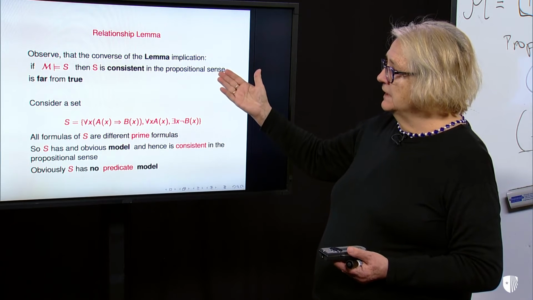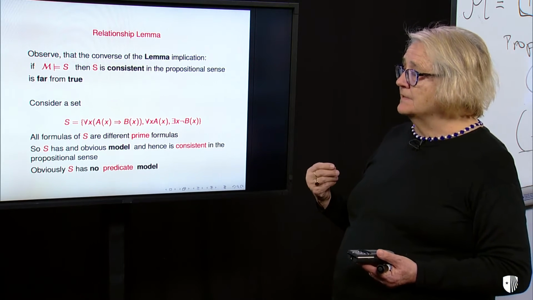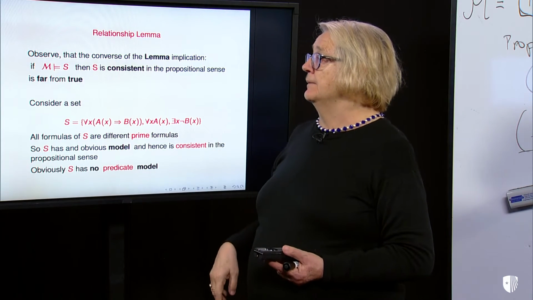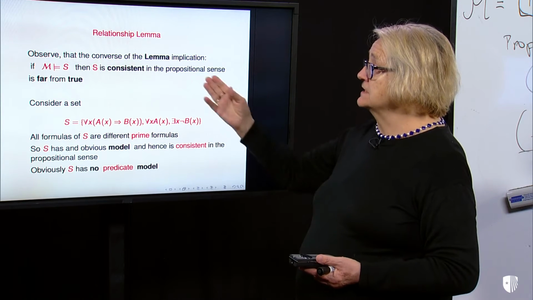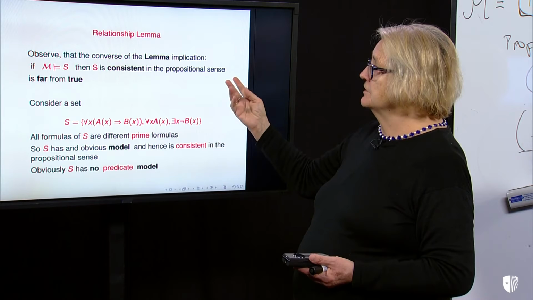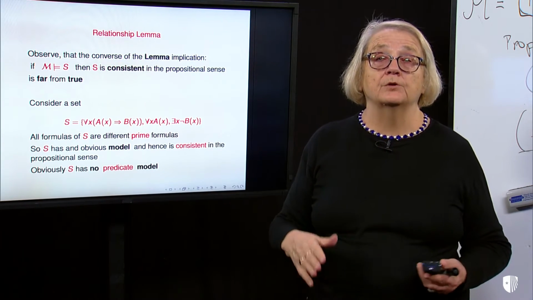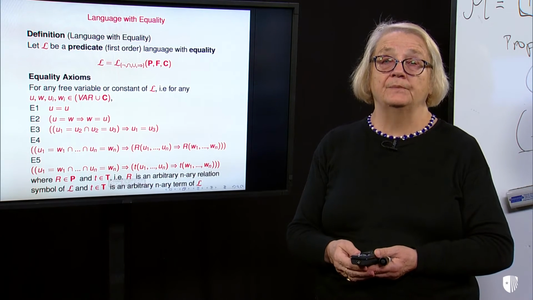This is an important implication of the lemma: if M is a model of S, so this is predicate satisfaction, then S is consistent in the propositional sense. The converse is far from true. So that goes only in one direction, and there is an example where it doesn't hold.